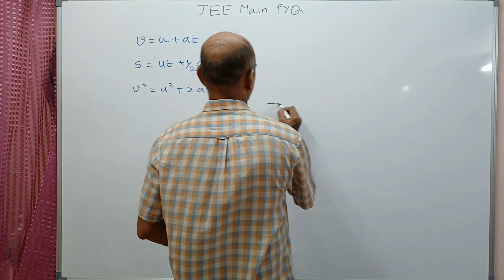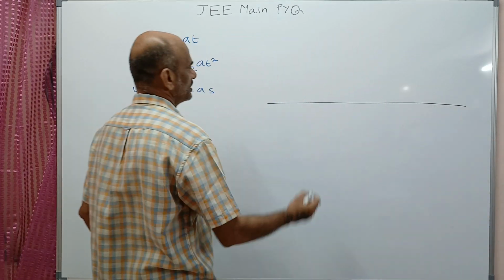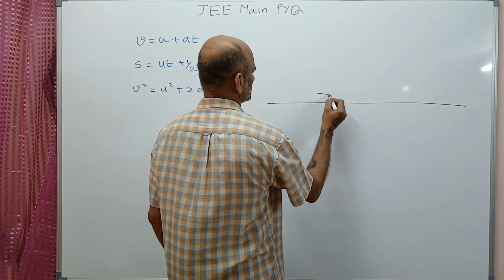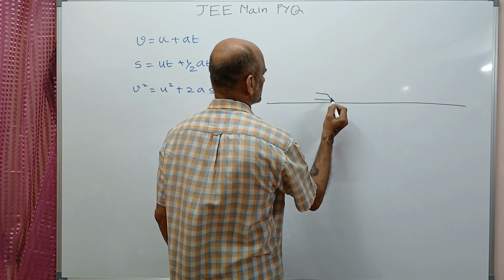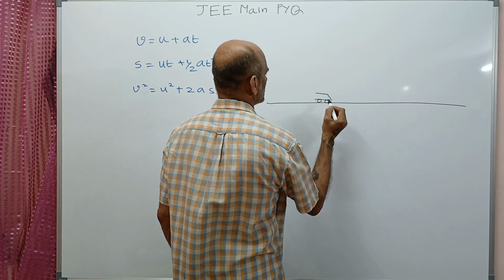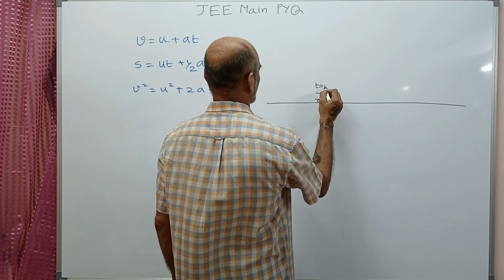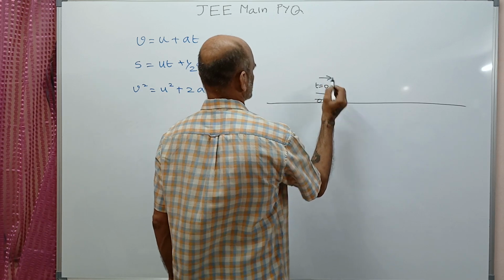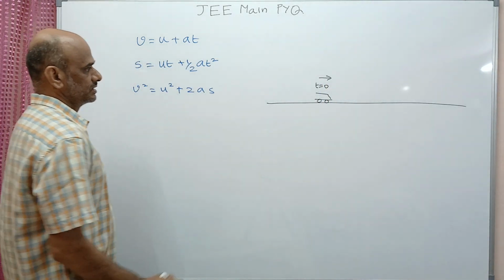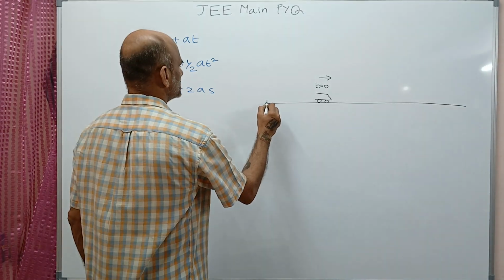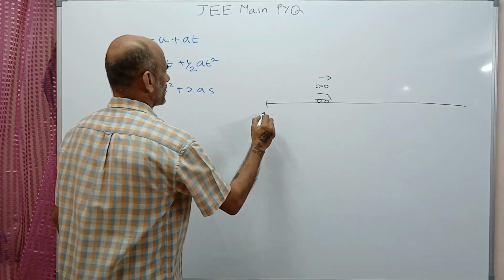There is a straight road and there is a car, starting from this location at t equal to 0, and it's going to move towards the right. Let this be the origin of the displacement axis.